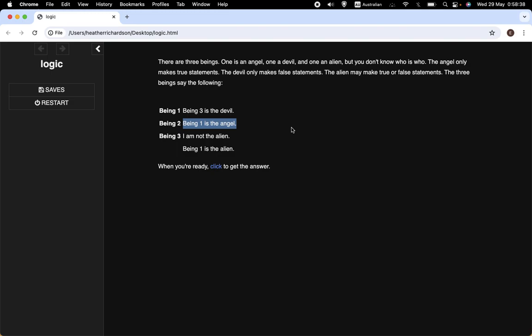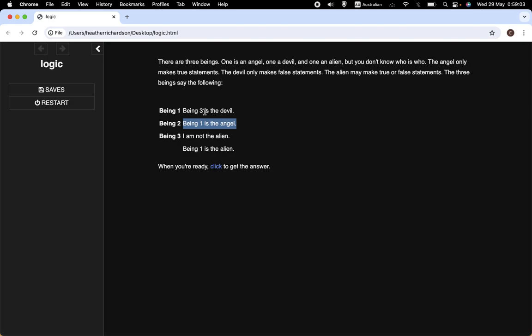And we also know that if being two is the devil, then this statement must be a lie, which means that being one must be not the angel.